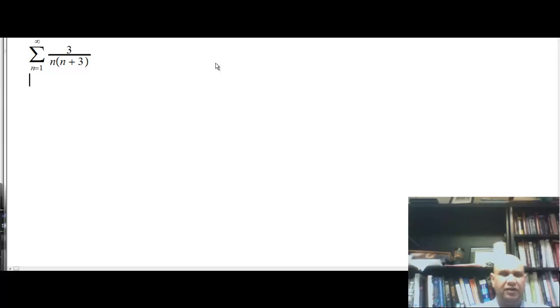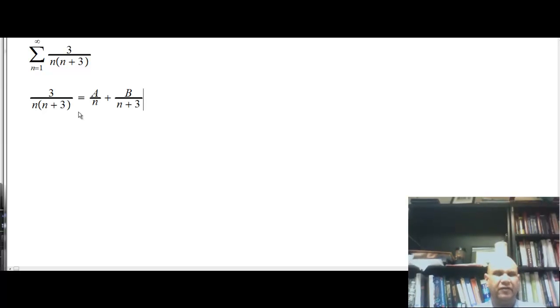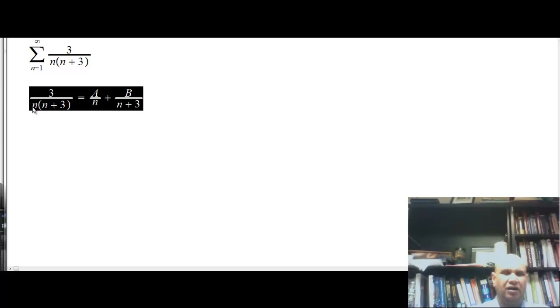So again we have to use the telescoping series. Let's just do this portion. Say this is a over n plus b over n plus 3.